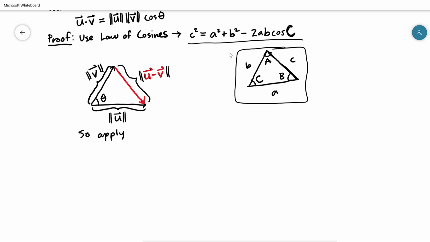So all we get out of this, if we apply this to our triangle, gives the following.